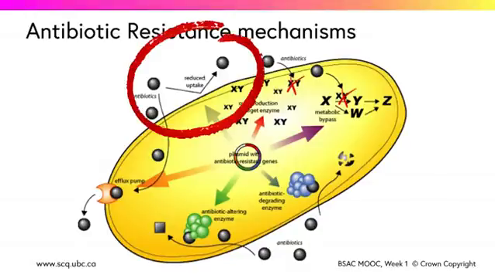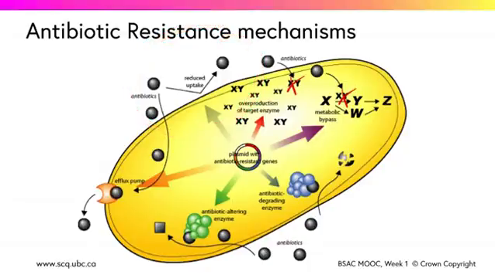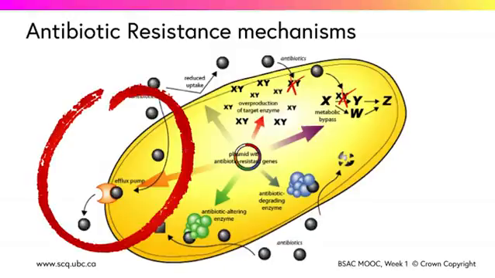They may stop the drug getting into the cell, reduced uptake, often called impermeability, or they may let the drug in, but it may then get pumped out faster than it can accumulate to the critical concentrations needed to exert its antibacterial effect.